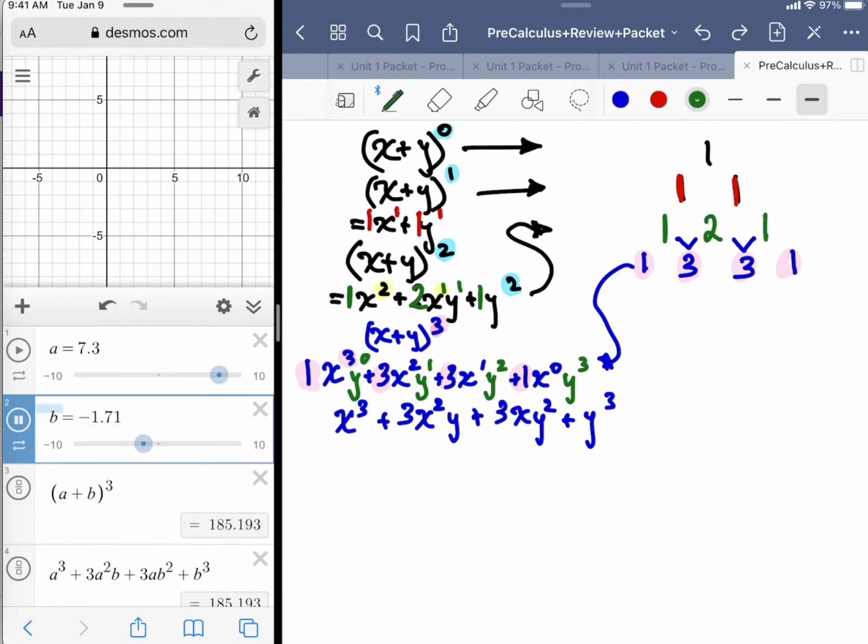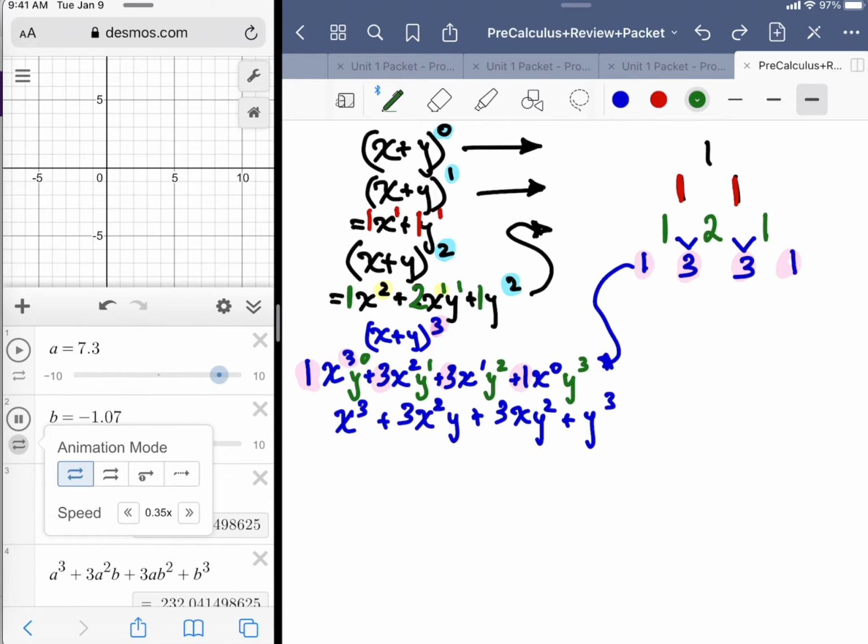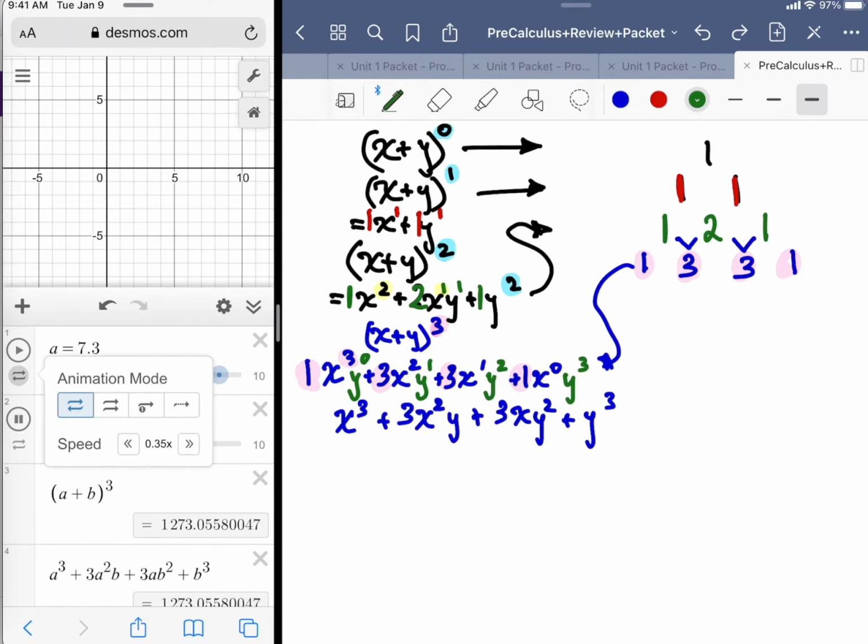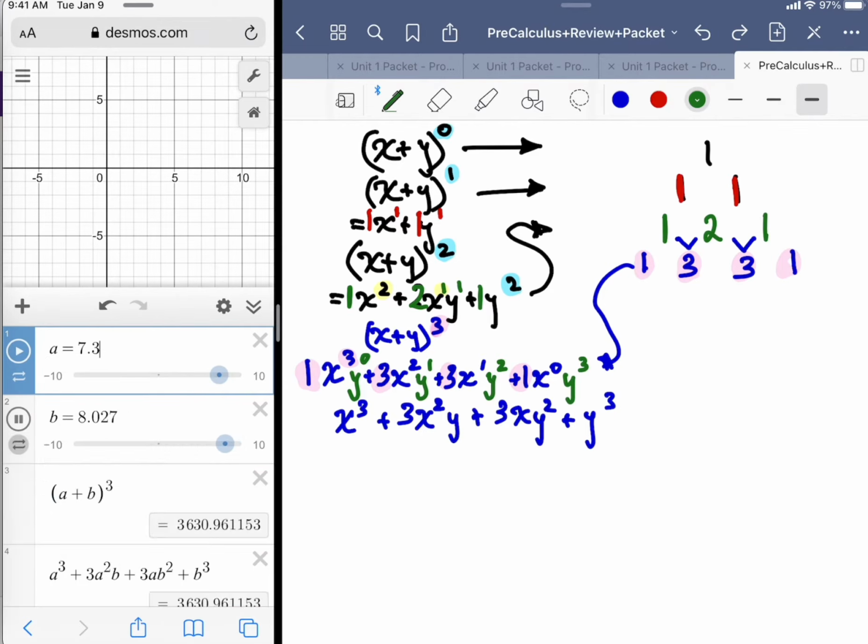You could slow it down. I'll put it at 0.05 for each one.